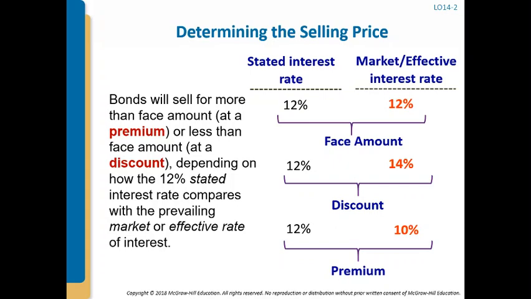Now, if perchance there's a situation where the stated interest rate is greater than the market rate, then the potential investors would be clamoring, as in this example, if market rate's at 10 and your bond is providing 12% stated interest rate, then you're going to have lots of demand for buying this bond.